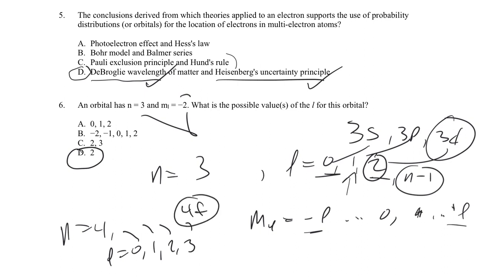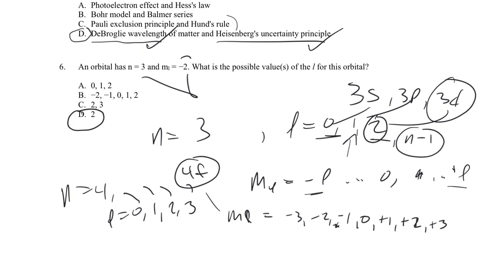And then the 4f subshell, the m sub L's would range from -3, -2, -1, 0, +1, +2, +3. And so that corresponds to 1, 2, 3, 4, 5, 6, 7 4f orbitals.